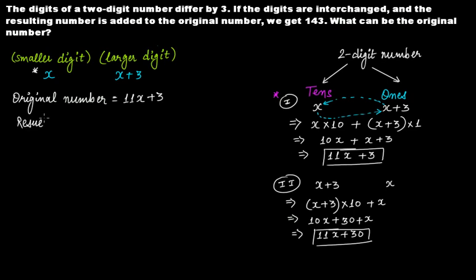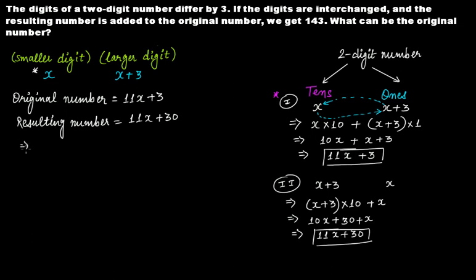Your resulting number after we interchange the digits will be 11x plus 30, right? Now if you add these two as given here, you get 143. Then add these, original number plus resulting number.